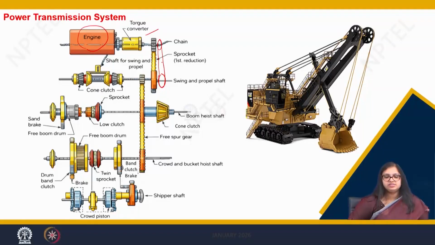Now, let us see the directional component as well. Let us say the engine shaft is rotating in anti-clockwise direction. So, the swing and propel shaft will also rotate in anti-clockwise direction. There is another gear which is housed on this swing and propel shaft, and because this is keyed to this shaft, which is moving in anti-clockwise direction, this gear is also moving in anti-clockwise direction.